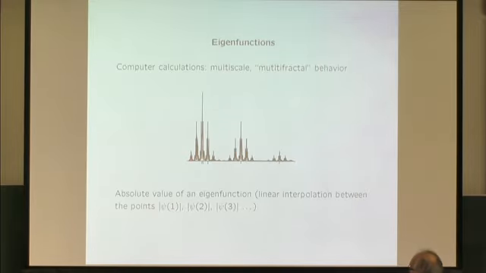Along the horizontal axis we plot the integers, and along the vertical axis we plot the absolute values of the eigenfunction of the Maryland equation. So at the first point, somewhere here, we have the absolute value of psi(1), then the absolute value of psi(2), then psi(3), and so on. These points are again interpolated by straight lines, and we see roughly a continuous curve with quite a complicated structure.